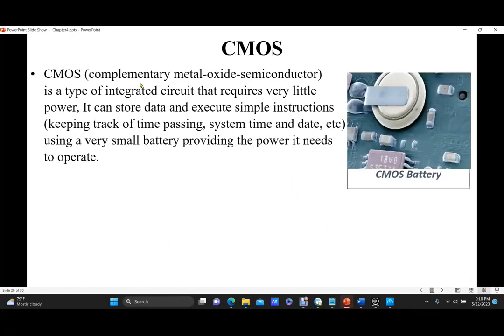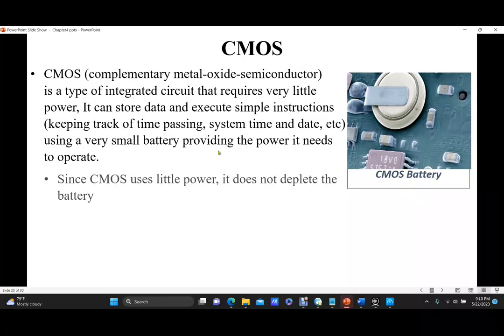Complementary metal oxide semiconductor, CMOS, is a type of integrated circuit that requires very little power. It can store data and execute simple instructions, typically keeping track of system time and date. It uses a very small battery that provides the power it needs to operate.